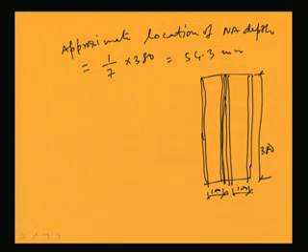Now, neutral axis depth will be, so total number, we have considered total number of rivets as 7. So, 1, 2, 3, 4, 5, 6, 7, 1, 2, 3, 4, 5, 6, 7. So, 1/7 means 54.3, that means this is 40 and this is 50, that means 90.